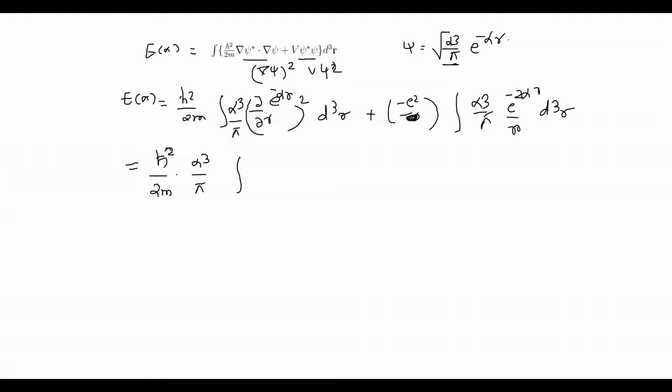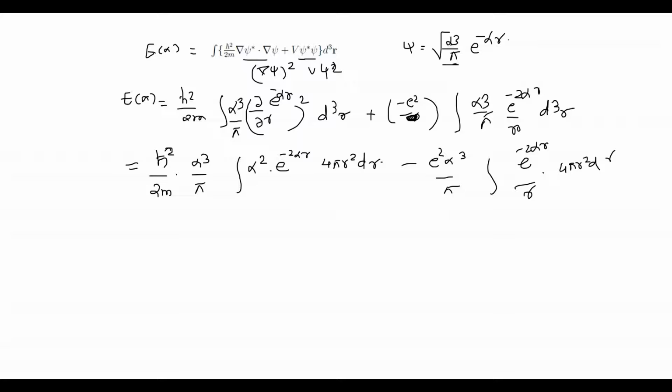So it will be nothing but alpha square e raised to minus 2 alpha r, then 4 pi r square dr. Okay, minus e square alpha cube divided by pi, and then integration of e raised to minus 2 alpha r upon r, 4 pi r square dr.